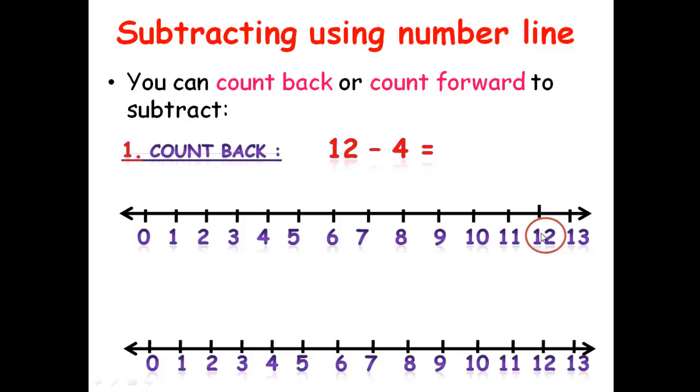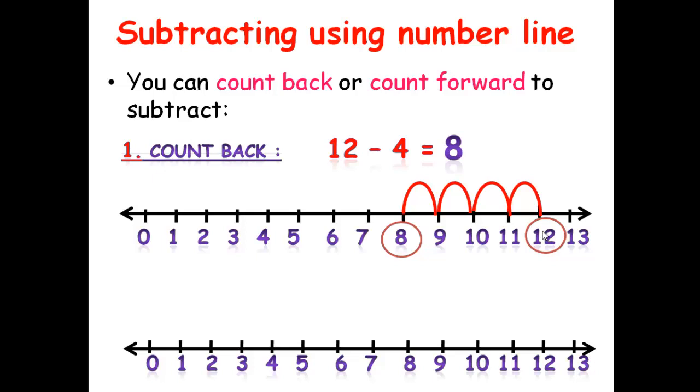So this is 12. Let's put your finger on 12 and count backward 4 times. 1, 2, 3, 4. Very good. What number do I reach? 8. Very good. So the answer is 8.